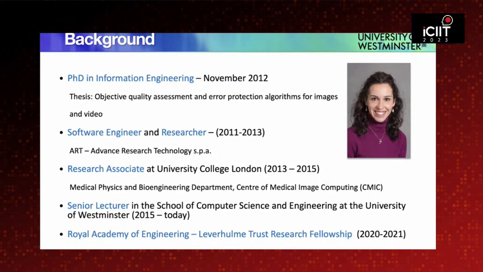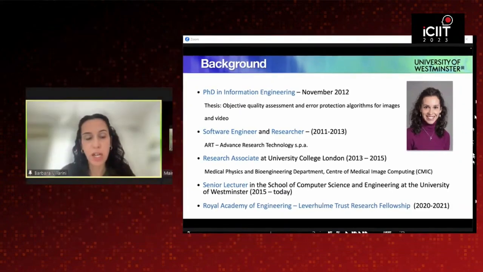Towards the end of my PhD and for other years, I worked also as a software engineer and researcher in one of the research companies in Italy, focusing on innovative digital cinema applications until 2013, when I moved to London, and I started to work as research associate at University College London. And here, for the first time, I used my expertise and my skills to solve some medical problems.